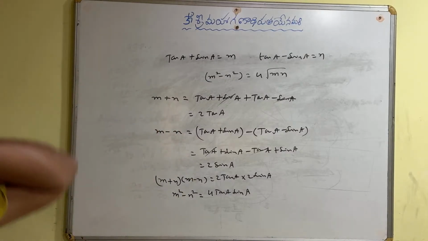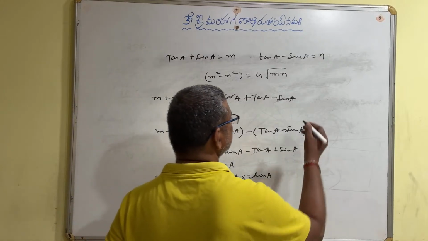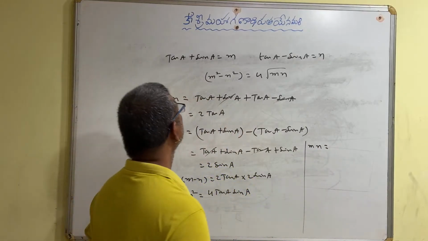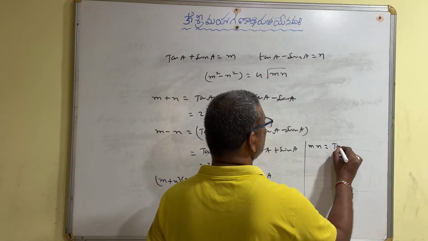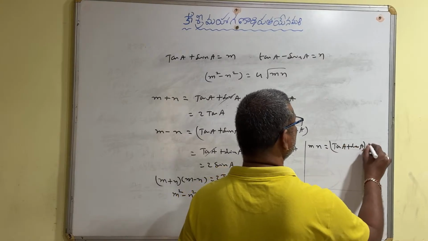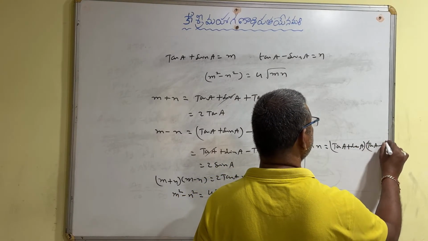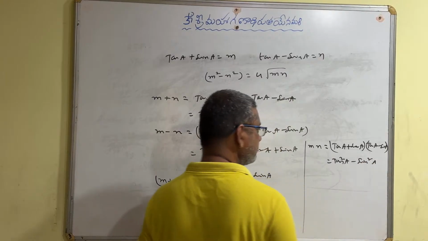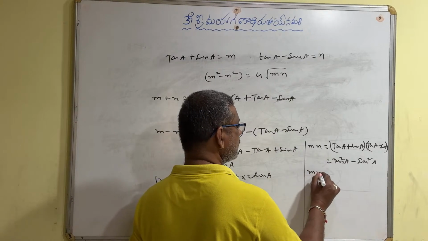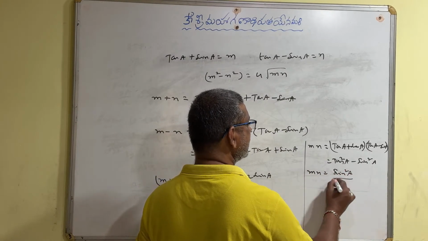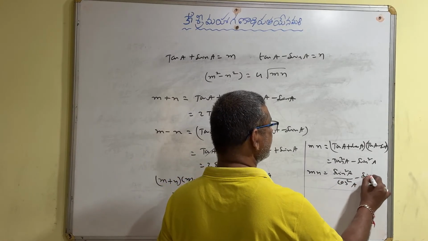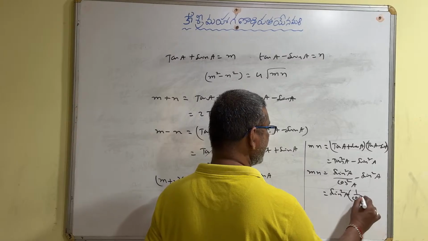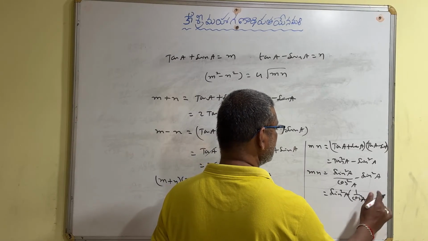Okay. Now, MN means multiplication. Tan A plus sin A into tan A minus sin A, which is tan square A minus sin square A. Tan square A you can write as sin square A by cos square A minus sin square A. Take sin square A common: 1 by cos square A minus 1.